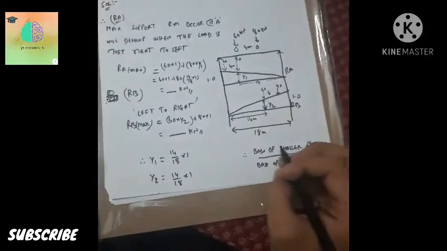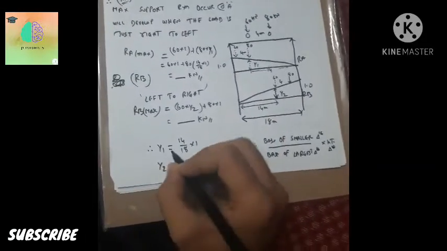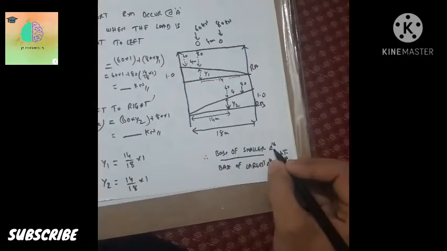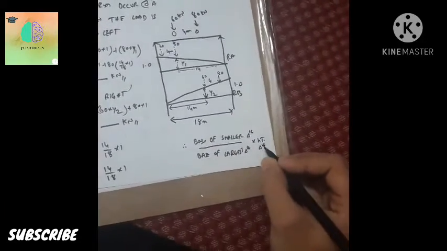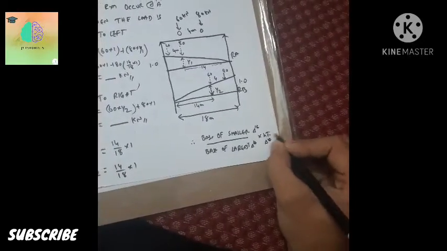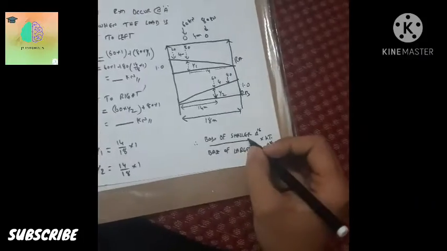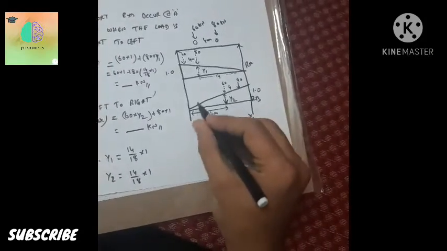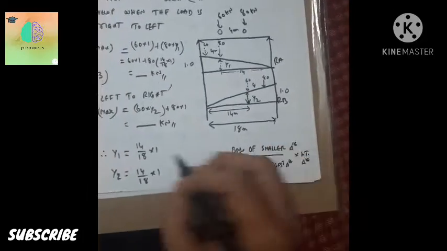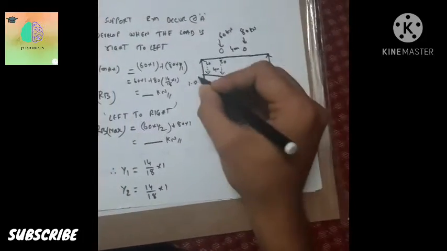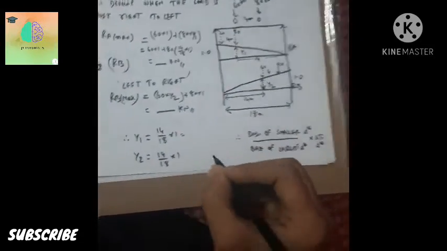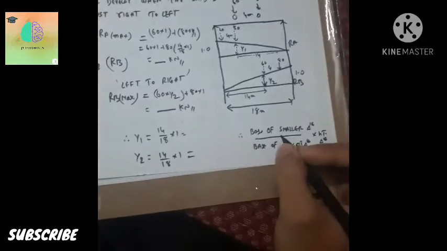So for the calculation of y1 and y2, we use the formula: base of smaller triangle by base of largest triangle into height of the largest triangle. Base of smaller triangle is 14 meters, largest triangle base is 18 meter, into height, which is always 1 for reaction. So y1 equals 14 by 18 into 1, and y2 equals the same, 14 by 18 into 1.